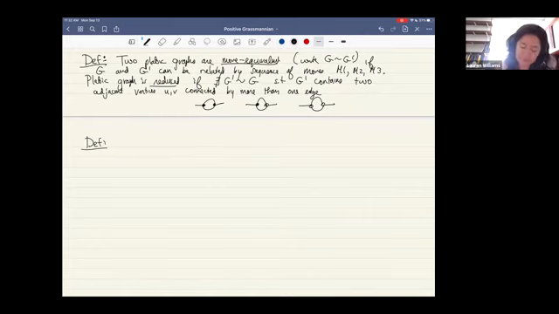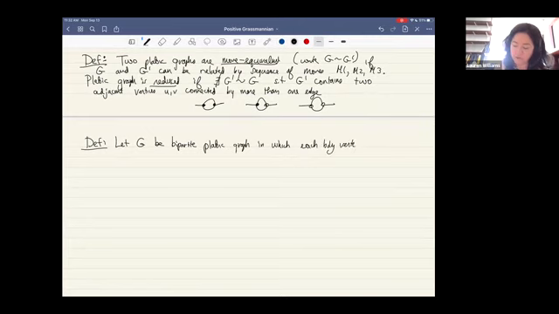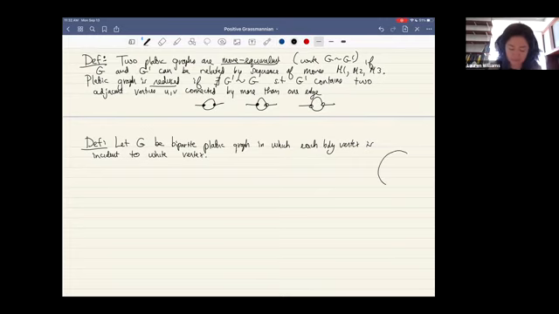So let's let G be a bipartite plabic graph in which each boundary vertex is incident to its own internal vertex. So I'll draw a small example here.